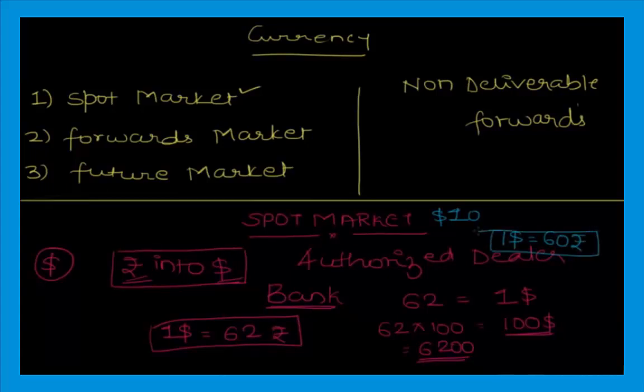So for $1 the bank is willing to pay you 60 rupees. If you give $10 to the bank, it will return to you 600 rupees. This transaction that you are doing with the bank is called the spot market.